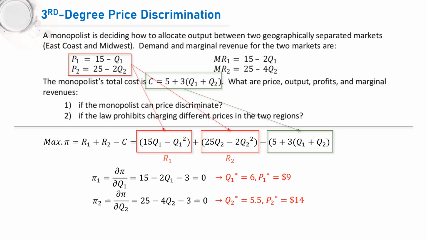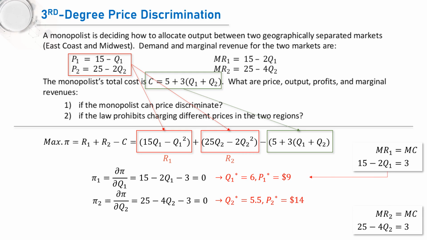With a single cost function and with Q equals Q1 plus Q2, differentiating cost with respect to Q, Q1, or Q2 will result in the same marginal cost. So MR1 equals MC is this, resulting in the same Q1 and P1. MR2 equals MC is this, also resulting in the same Q2 and P2.